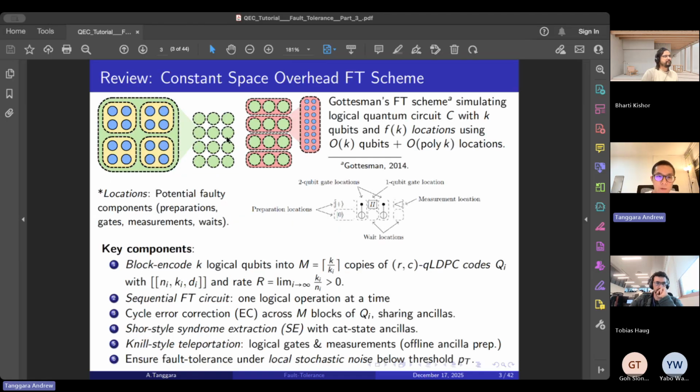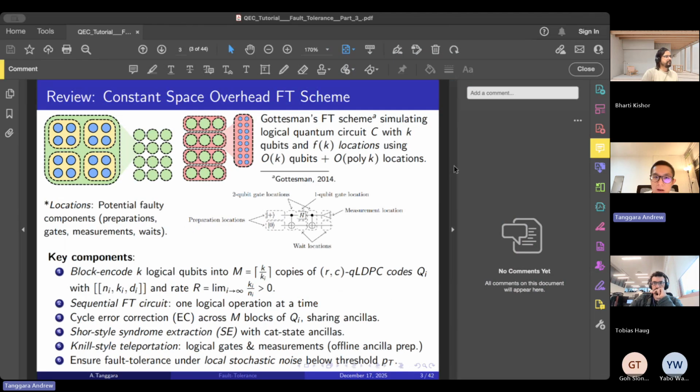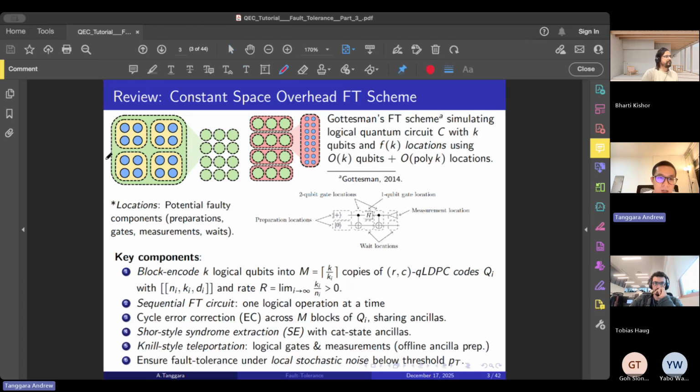Just a quick review from last week. Instead of doing concatenation, where you have multiple layers of codes and the physical qubits of the top layer are the logical qubits of the next layer, and so on and so forth, we're doing block concatenation.